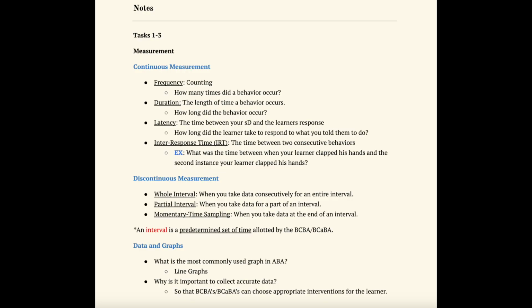I'm providing you here with the study guide for our lesson. This is everything I go over in the lesson. It's written in the exact same way. The only difference between having this study guide and watching the lesson is that in the lesson I show you how measurement and how assessments are used in ABA.